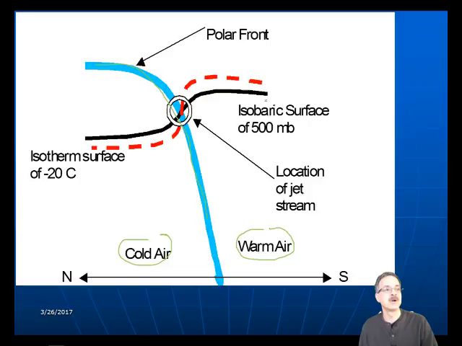So as you come along and look at this 500 isobar line, right, and this minus 20-degree temperature line, if you follow them, you see how on the warm air side they're much higher than on the cold air side. So you get this steep temperature gradient right here, the red line, and you get this steep pressure gradient right here, and right where they intersect is where the jet stream should occur.